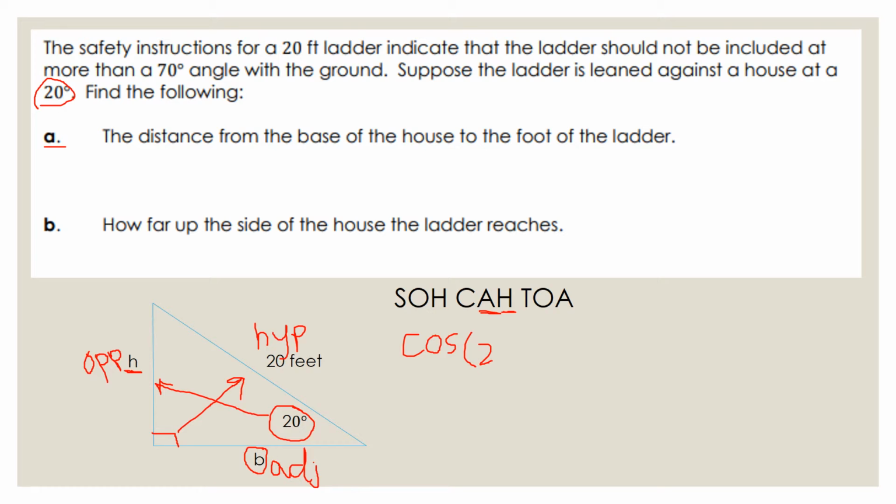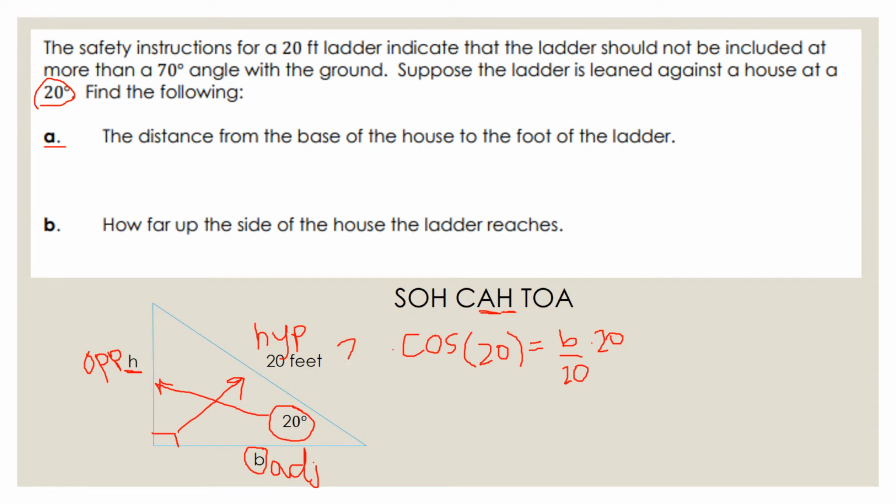So we'll say cosine of our angle, which is 20 degrees, is equal to the adjacent side B over our hypotenuse, which is 20. Now we're looking for B, so we need to find that variable. Remember, the cosine of 20 is just a decimal. If you want to go ahead and change that into a decimal, that's perfectly fine. But in order to get B by itself, it is being divided by 20, so we need to do some multiplication.